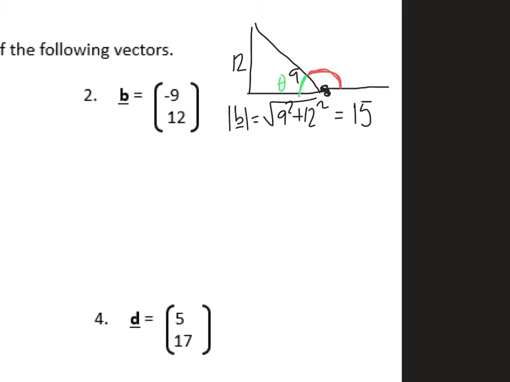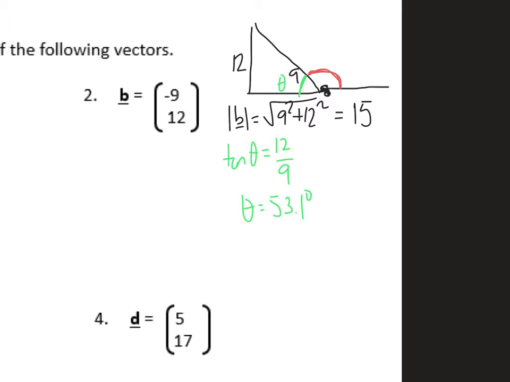from 180. So to get that angle, I'm going to use tan theta is opposite over adjacent, and then do arctan to get what that angle is. So I get 53.1 degrees.